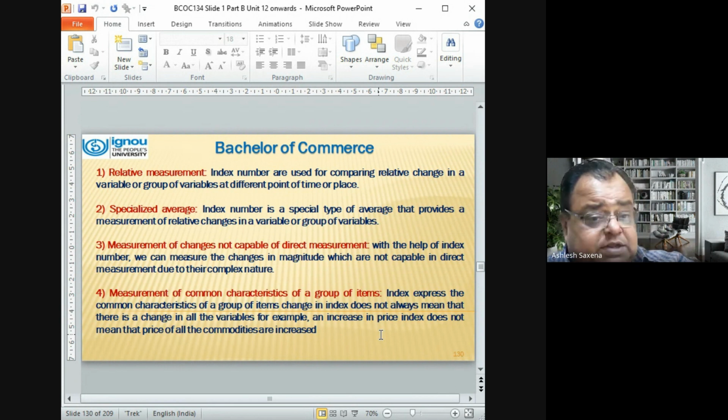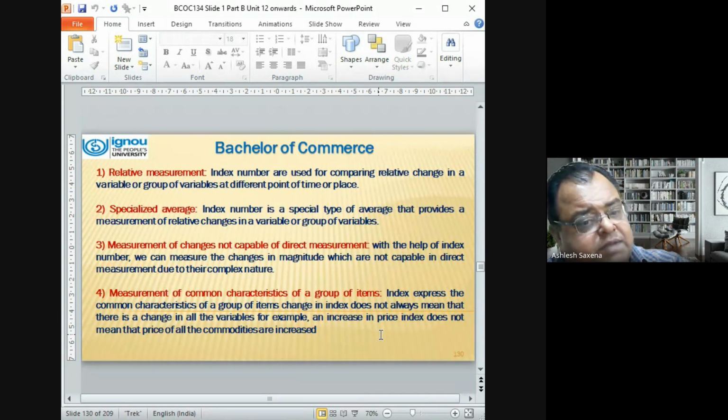Measurement of changes not capable of direct measurement. With the help of index numbers, we can measure the changes in magnitude which are not capable of direct measurement due to their complex nature.